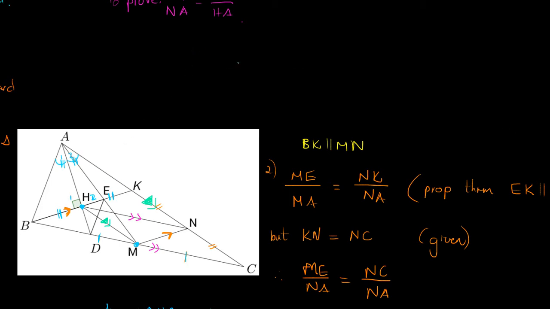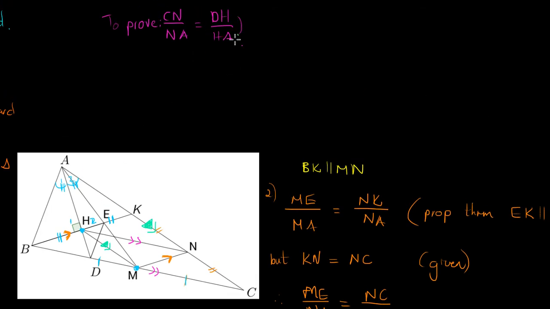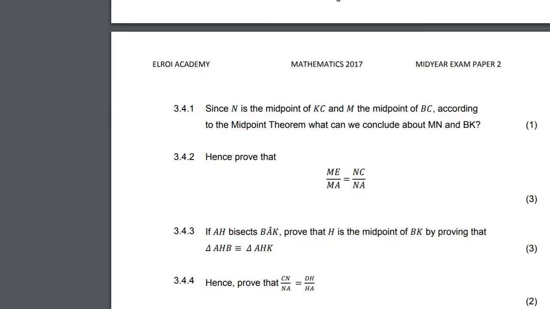So look at this side. Look at this side, DH, and so DH over HA. I'm in this triangle here and that triangle. Okay, there we go. So DH over HA is equal to, how much is it?